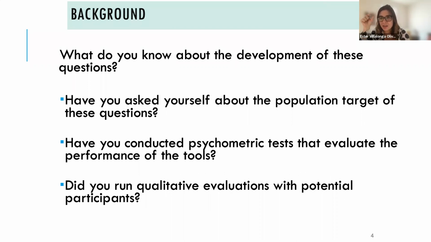The target population is very important here, and you will understand why in a couple of minutes. So has anybody conducted any psychometric test to evaluate the performance of the tool when you got the data? Or in case of trying to collect the data, did any of you run any qualitative evaluations with potential participants?